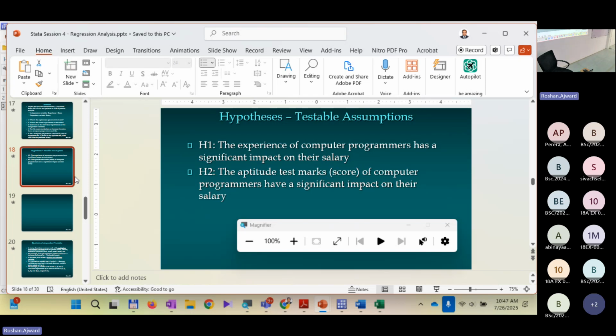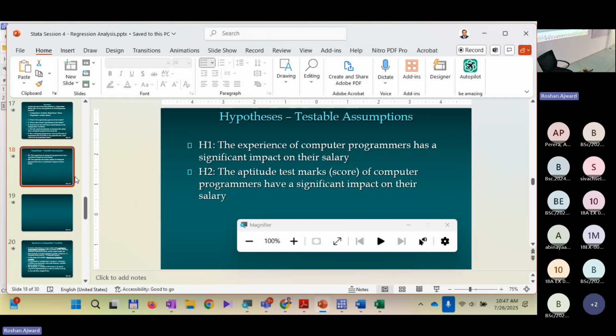So the experience of computer programmers has a significant impact on their salary, and the aptitude test marks of computer programmers have a significant impact on their salary. These are the assumptions that you make before you even collect the data.